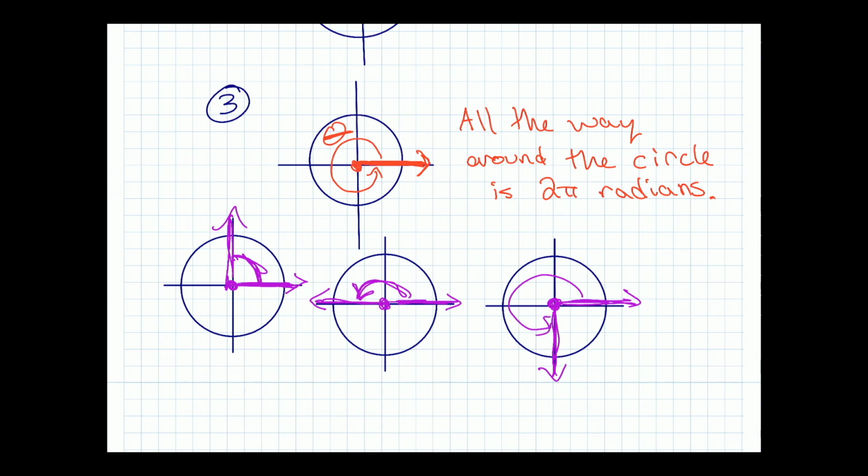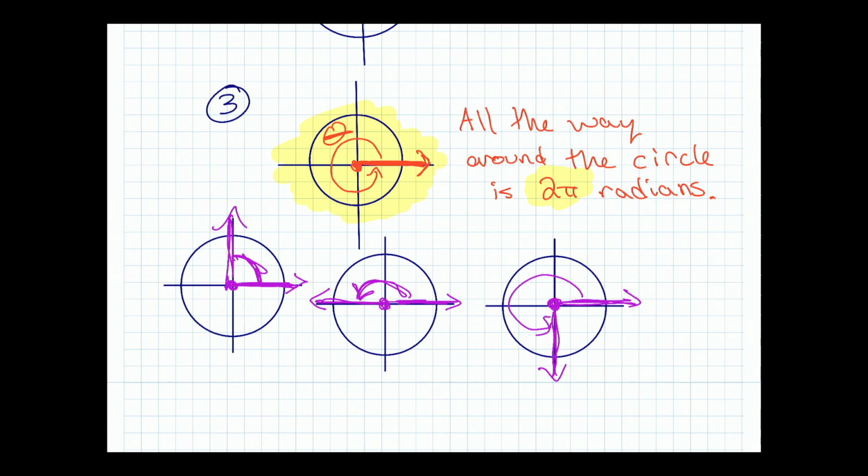Now, what are those angles? Well, I said that the angle in this first picture here is 2 pi radians, right? Now we can figure out some of the others just based on what we know about angles.